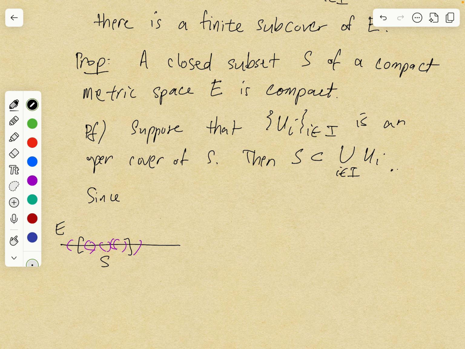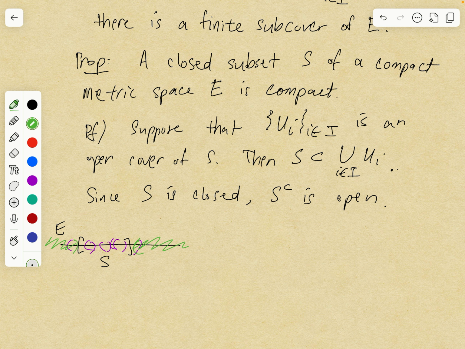Okay. Well, the trick is to look at the complement of S. So you look at everything else. Well, the complement is open since S is closed. Now you're given that E is compact. So the idea is to get an open cover of E and then use the compactness. So what we're going to do is take your open cover of S and then include the complement.